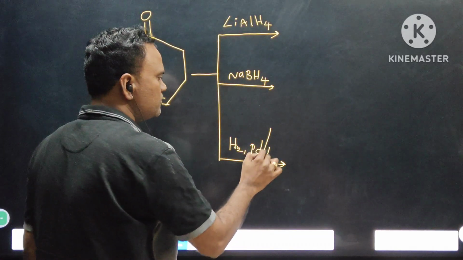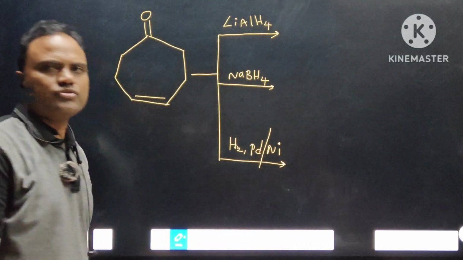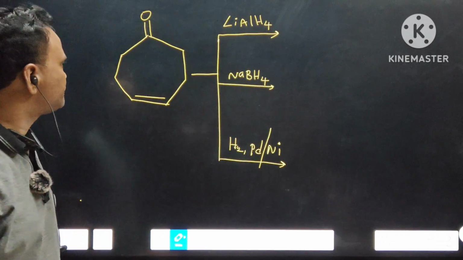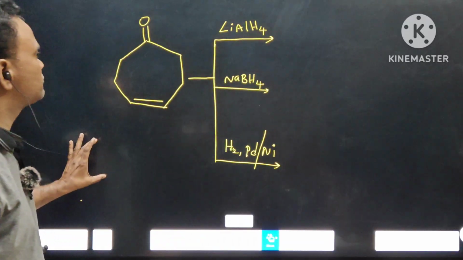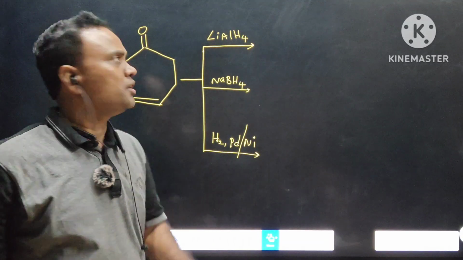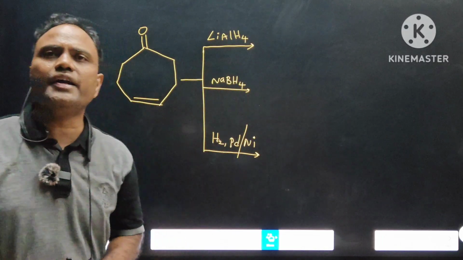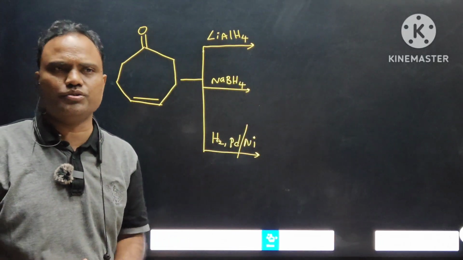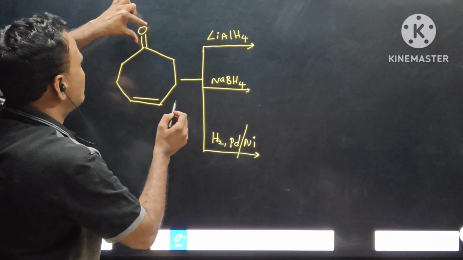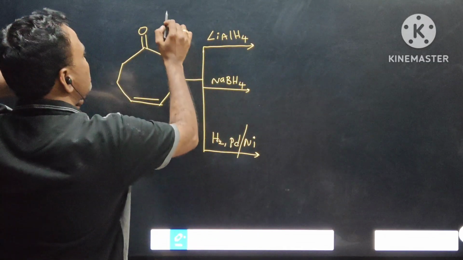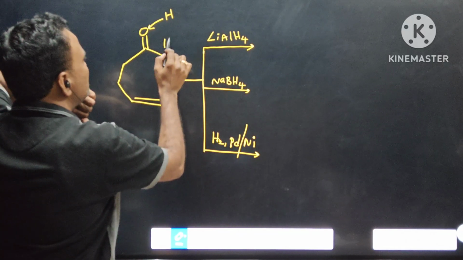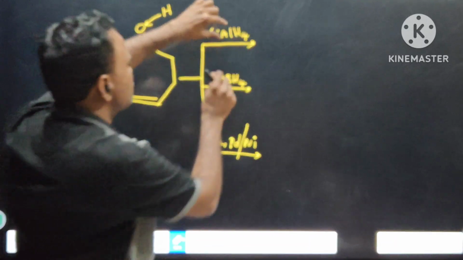H2 palladium or nickel reduction. First year reaction, this is first year alkenes. Based on the previous note, lithium aluminum hydride and sodium borohydride do not reduce double bond. So only this group is reduced. New students, those who didn't listen yesterday: one H here and one H here with these two reagents.